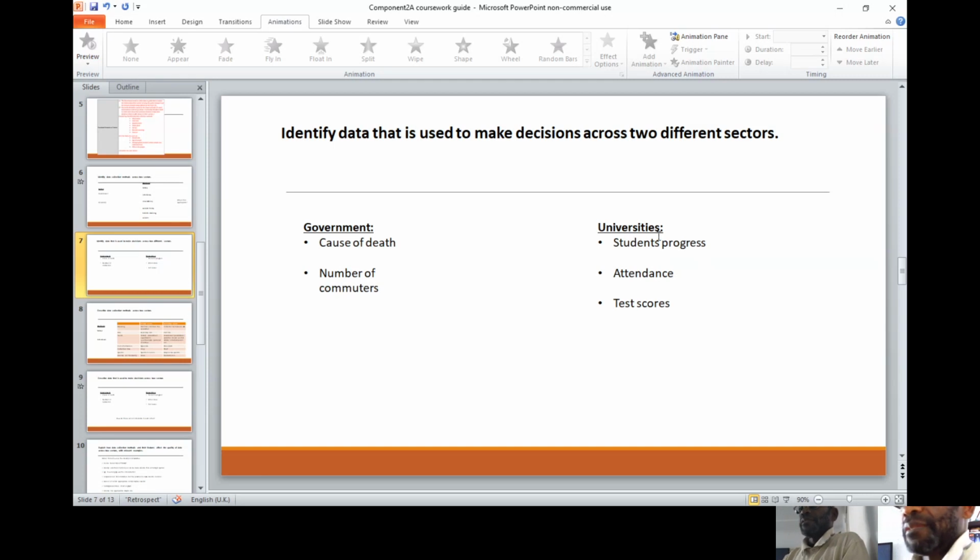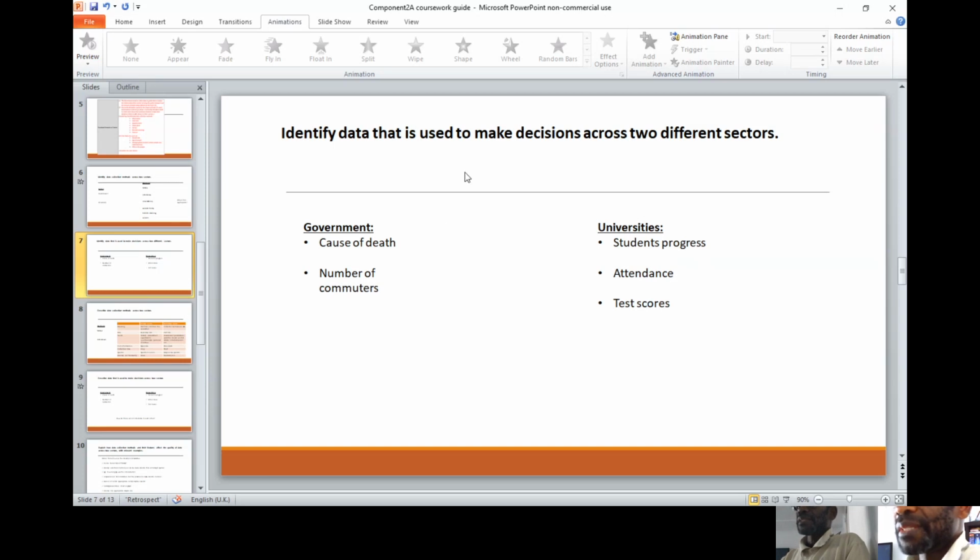And the universities, what data are they going to collect from their potential students? They need to collect the progress of the students, the test scores, the attendance. So all these things, the university needs to collect about the students in order to help them inform their decision.